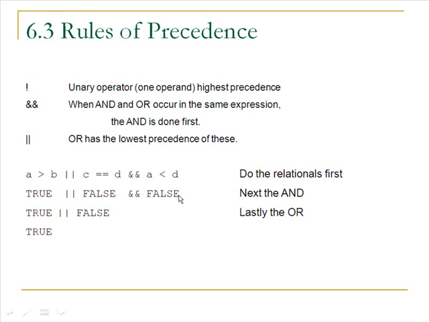This is where English completely fails, because no one knows how to evaluate this when you have an and and an or in one English sentence. In formal logic, the and operator has the higher precedence, so we're going to evaluate the and first. So we'll say false and false is false, and then we have true or false, and we evaluate that to be true. So the and operator has the higher precedence, higher than or.